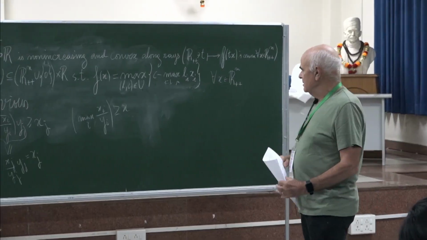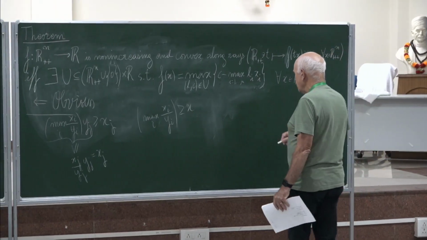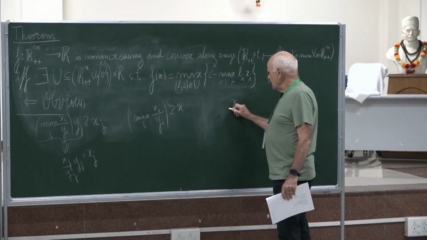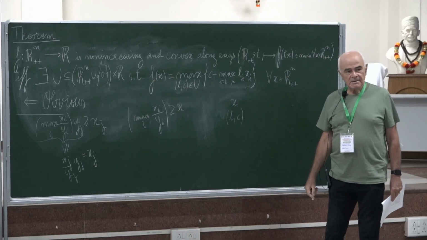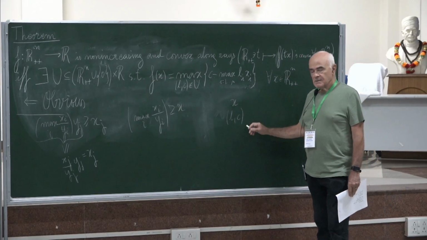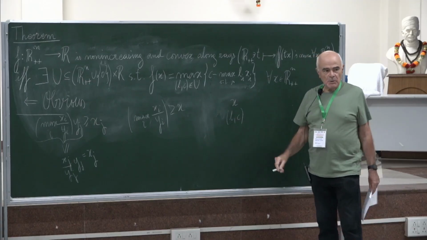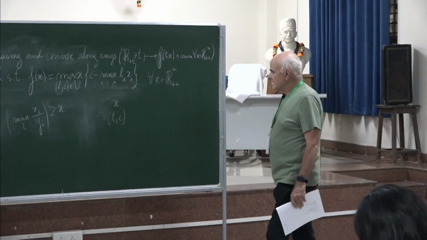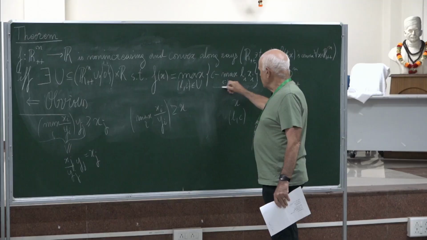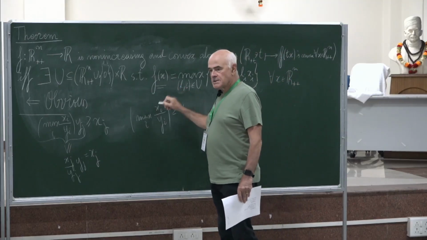So, given x, I should prove the existence of LC depending on this particular x, for which this is equal to f of x.